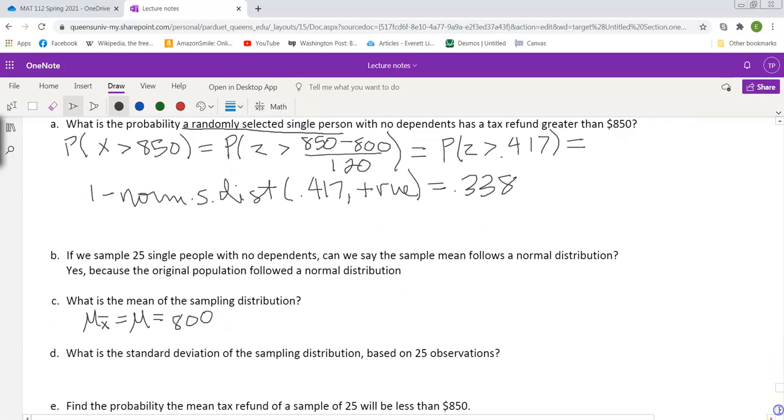Next, what is the standard deviation of the sampling distribution? In other words, what is sigma sub x bar?